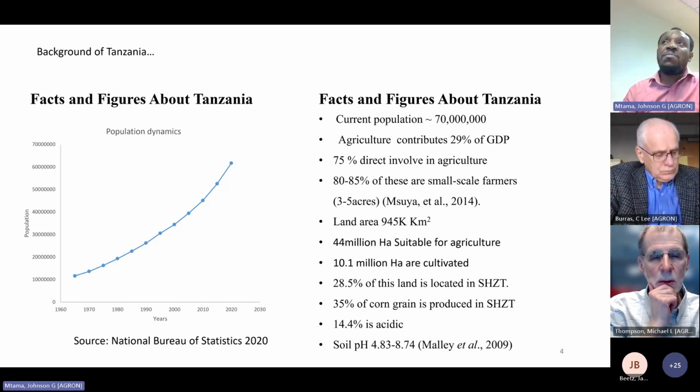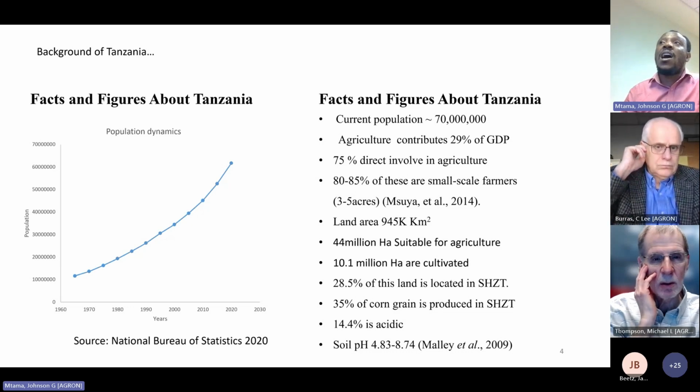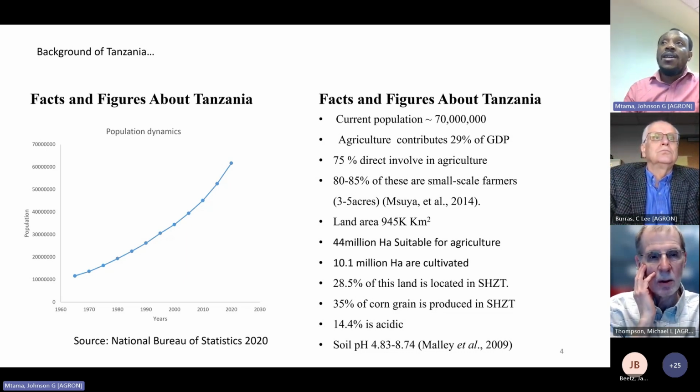And out of this population, 75% of the people are directly involved in agriculture, which means they attain their livelihood through agricultural activities. And 80 to 85% of these farmers are small-scale farmers who farm between 3 and 5 acres in a season.